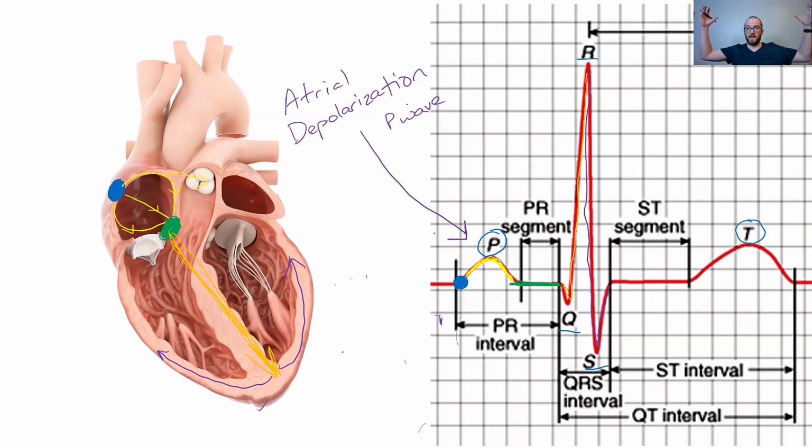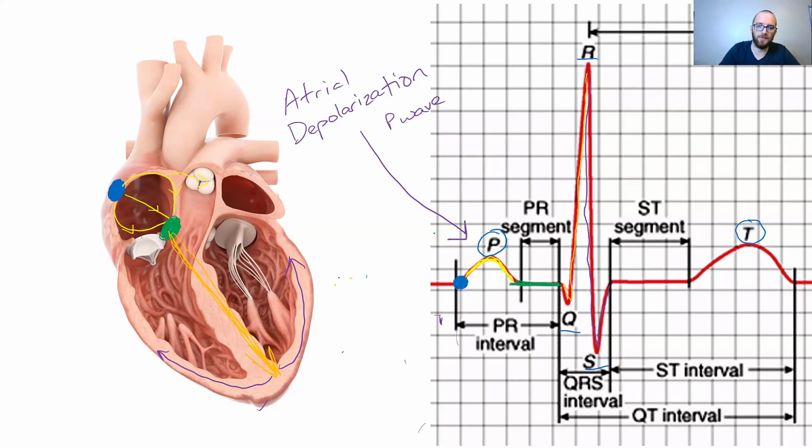It's the atria firing. Electrically they fire, they depolarize, and that should trigger the muscles of the atria to contract. And then we had electricity held up there in the AV node. And then it sends it really fast down to the ventricles.